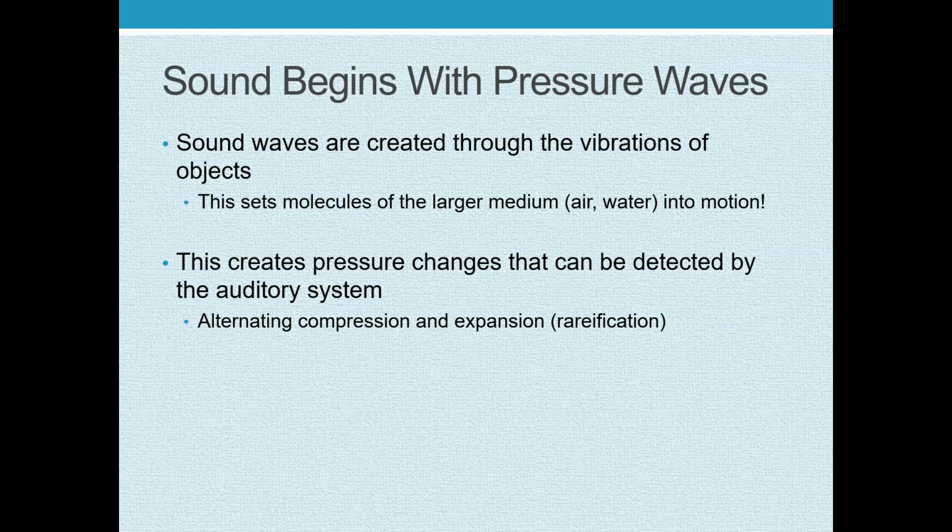So when these molecules of air, water, or a solid are set into motion, this basically creates different types of pressure changes that can be detected by the auditory system. And this will include alternating areas of compression where the molecules are very tightly packed together, and expansion, which is also known as rarefaction.